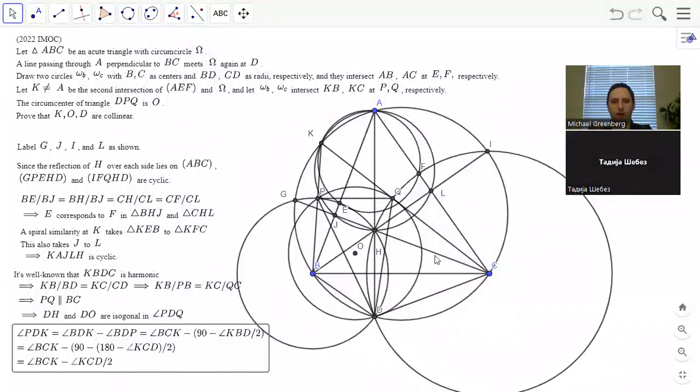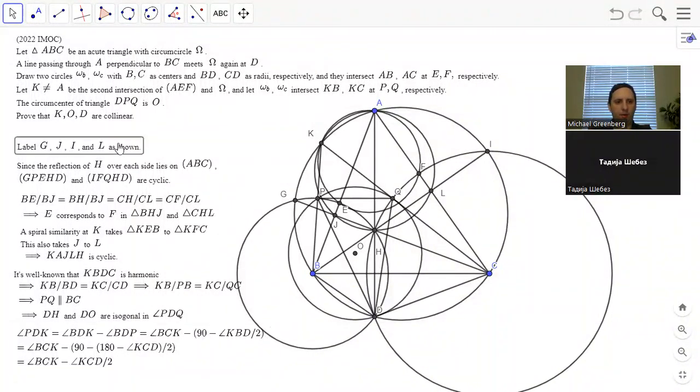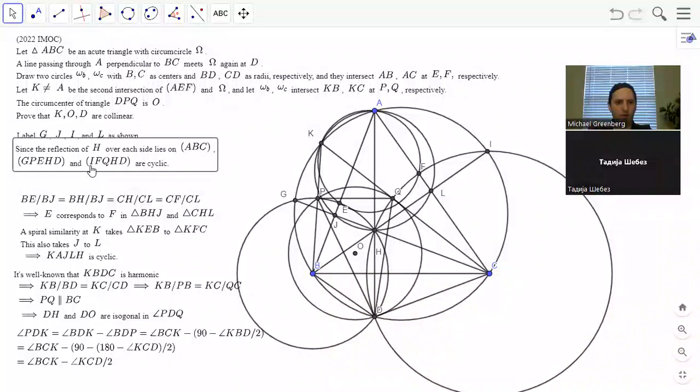Interesting. And KCD over 2 is QCD over 2, which, yeah, so let's see. I think we're very close.